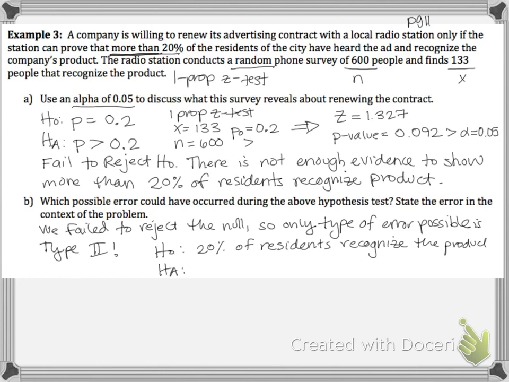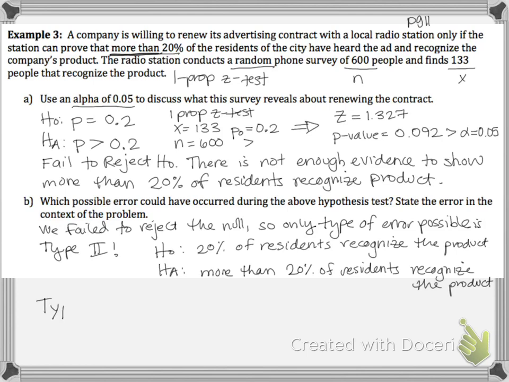No change happened. So the alternative would be greater than or more than. So let's say more than 20% of residents recognize the product, right? So now we're saying the ad worked and our percentage went above 20, which is what these people wanted.